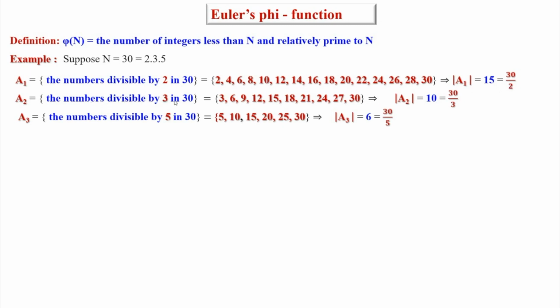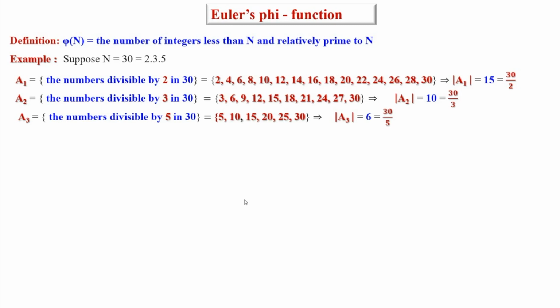In the same way, for A2 we have all the multiples of 3, which are 10 in number, and that is 30 by 3. For A3 we have 6 numbers, so that is 30 by 5.